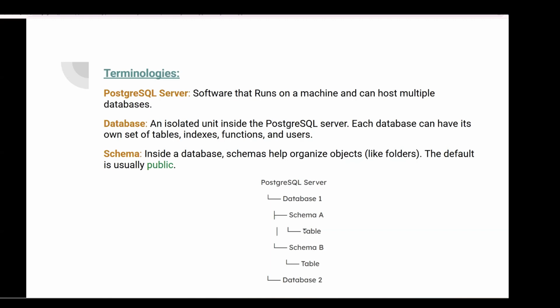If you don't specify the schema, there will be a public schema, and tables will be created inside that. You can imagine it with a real-time scenario. If your PostgreSQL server is like a library building, then each database is a separate book collection in that building, and schemas are like sections or shelves inside that collection.